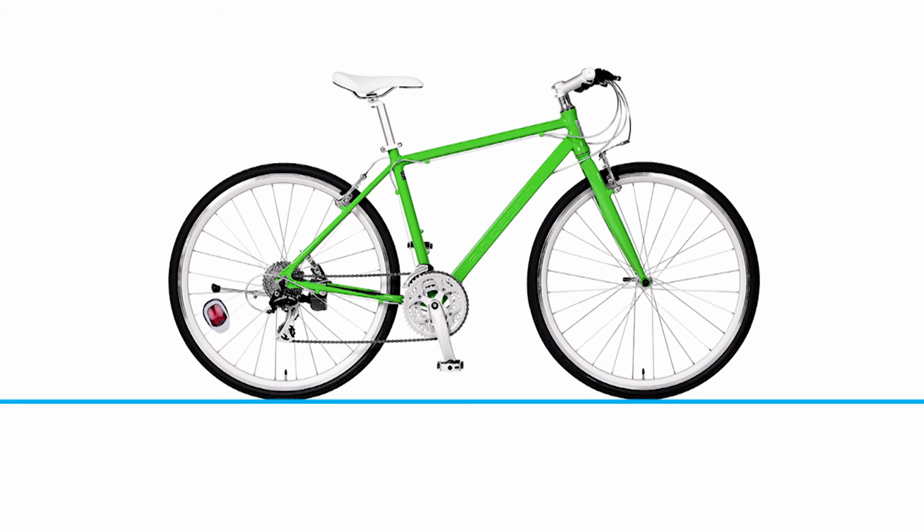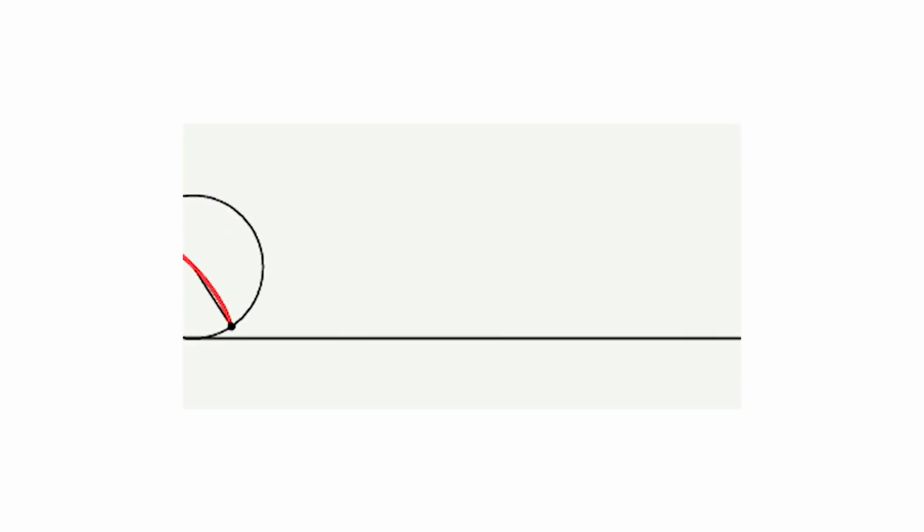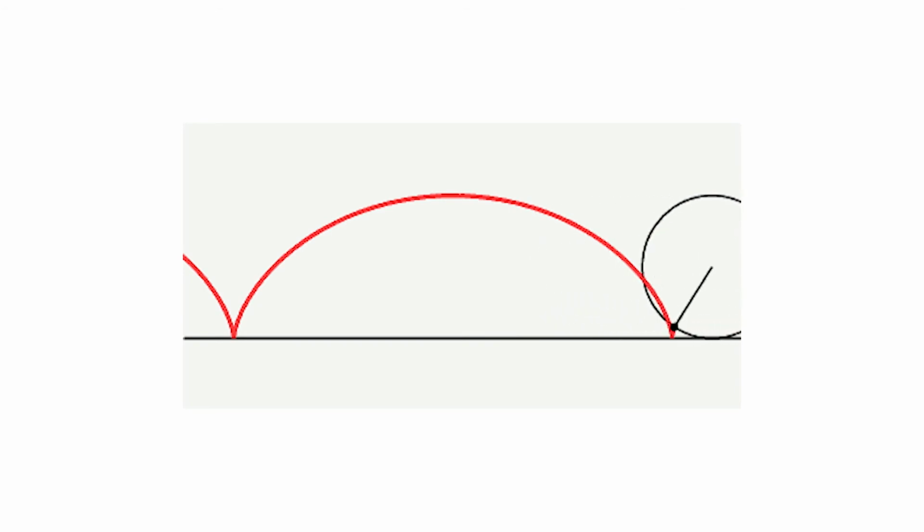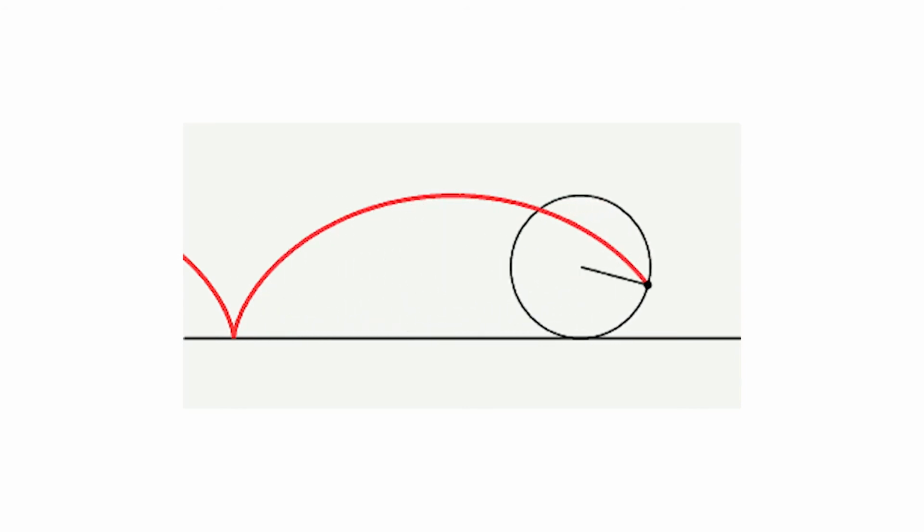For example, if a small light is fixed to the rim of a bicycle wheel, as the bike moves, the light rises and falls in a series of arches. If the bicycle moves on a straight line, then the path traced out by the light on the rim of the wheel is a cycloid.